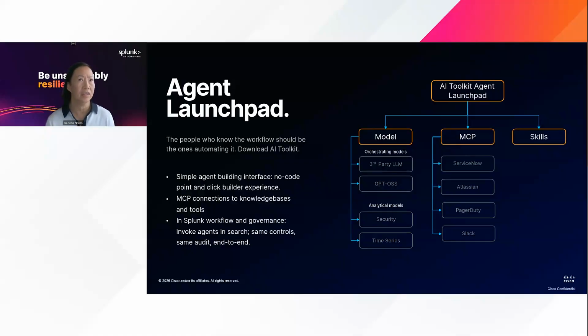This is very similar to LLMs that you use today in Claude or GPT, where you add your own instructions on how you want the LLM to perform. So that gives you a quick background on what Agent Launchpad is, and I will turn it over to John now to show you a demo of how Agent Launchpad works.